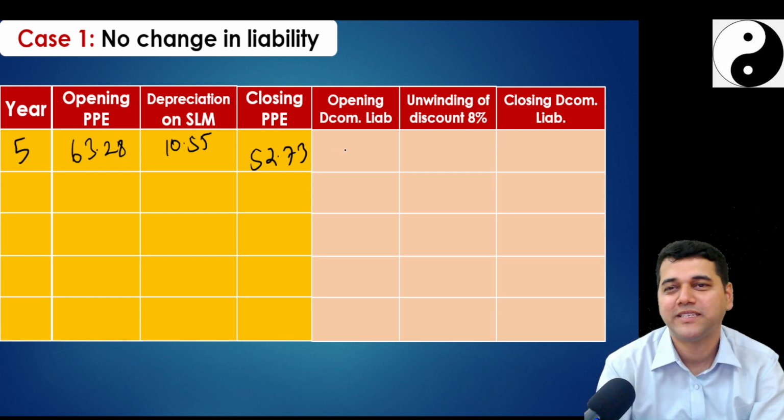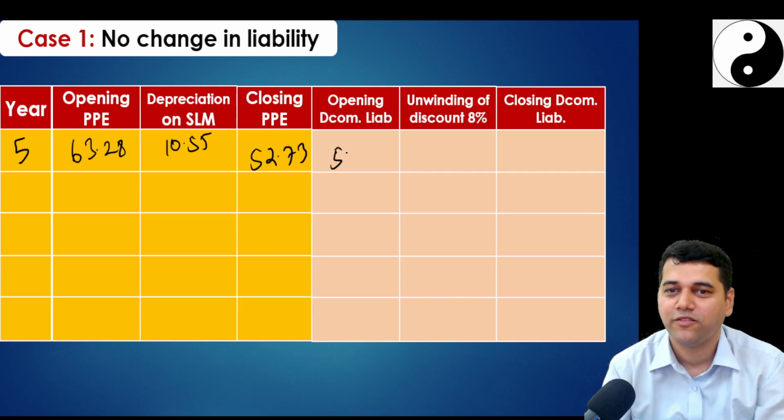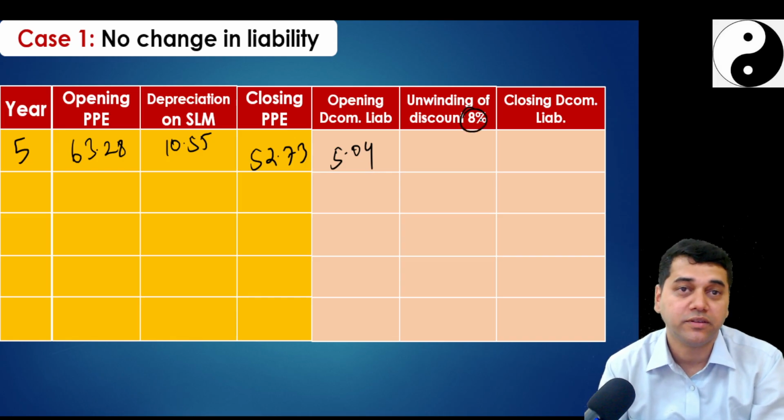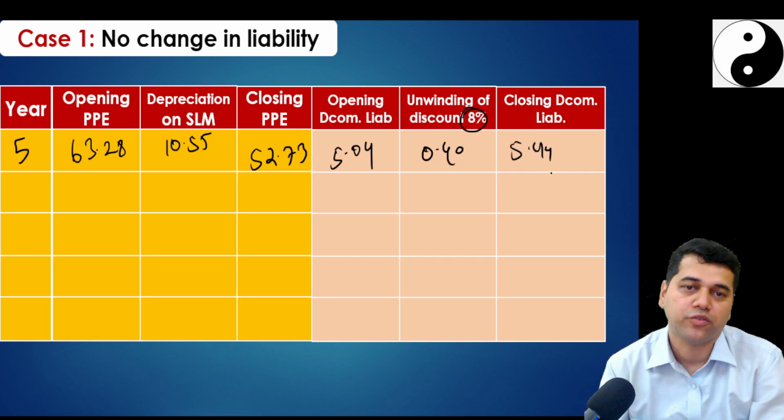Decommissioning liability balance. Yes, Kriti, decommissioning liability balance. 5.04. Unwinding will be happening at 8%. They didn't change their interest, not even the date or year: 0.40 and 5.44.